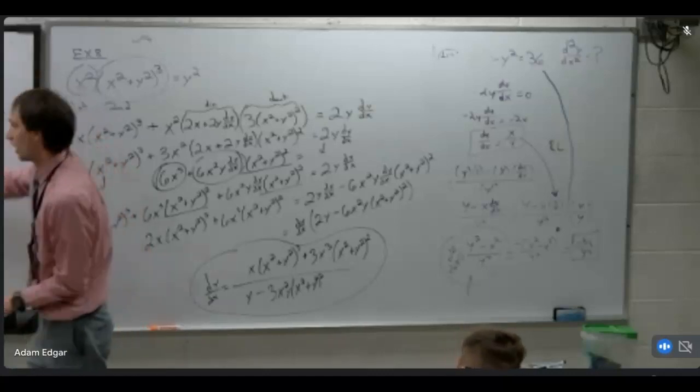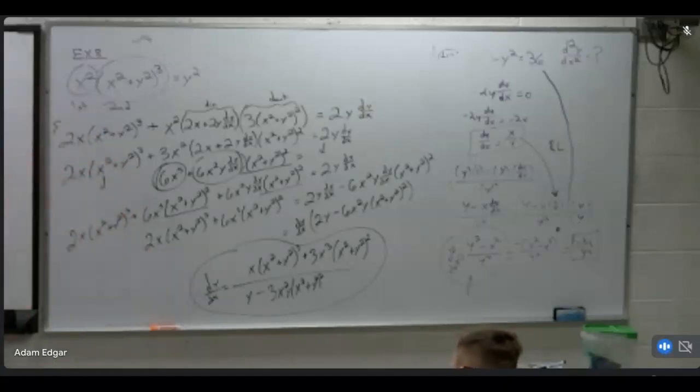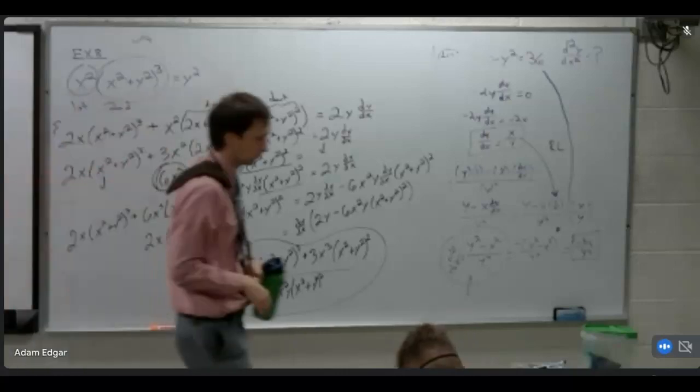All right, so one whiteboard problem. Say you have 3x squared y minus x equals y. And just get dy dx.